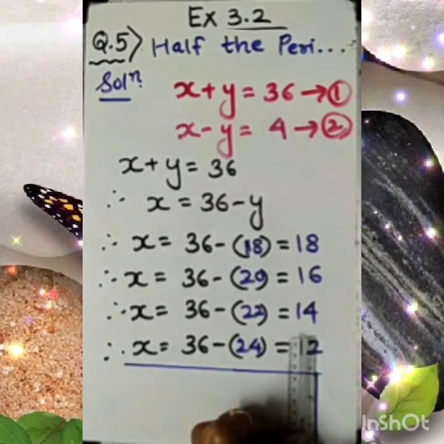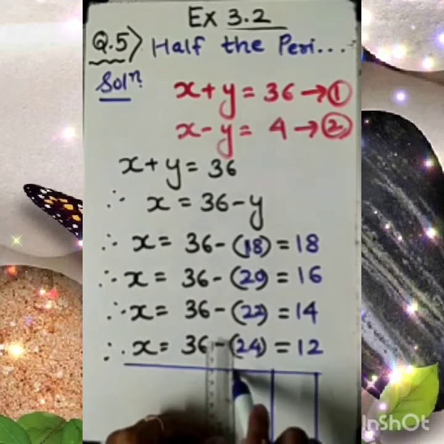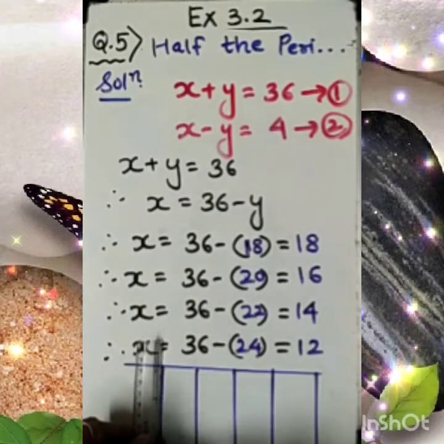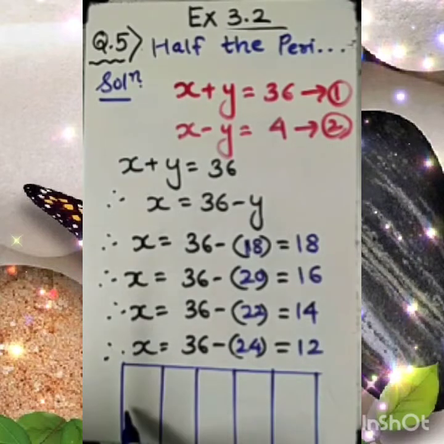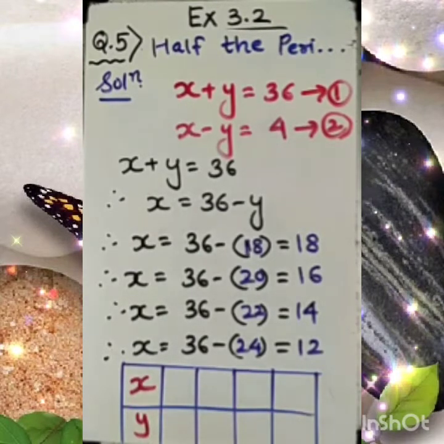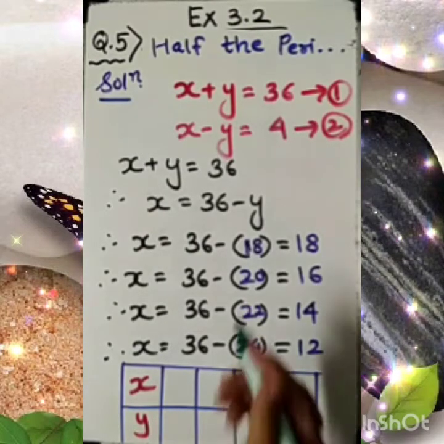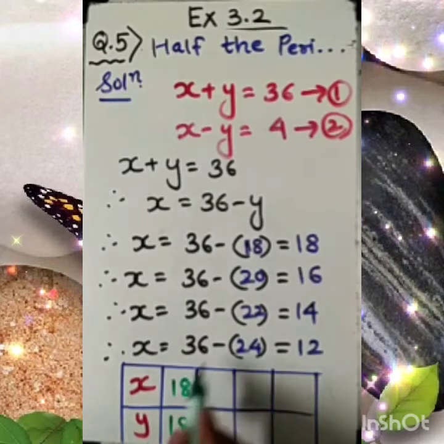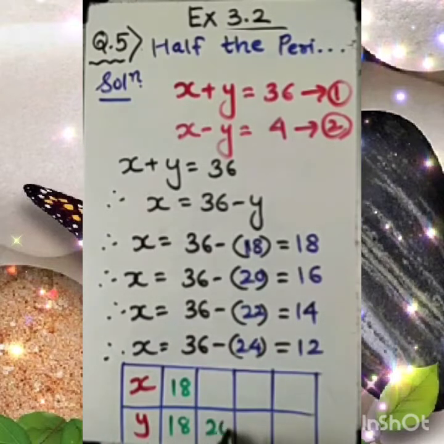So please draw the table carefully. As usual, we need to mention all these points in a table carefully. This is x, this is y. What is the value of y first? It is 18, so we got the value of x as 18. Then I took 20, then the value of x is 16.